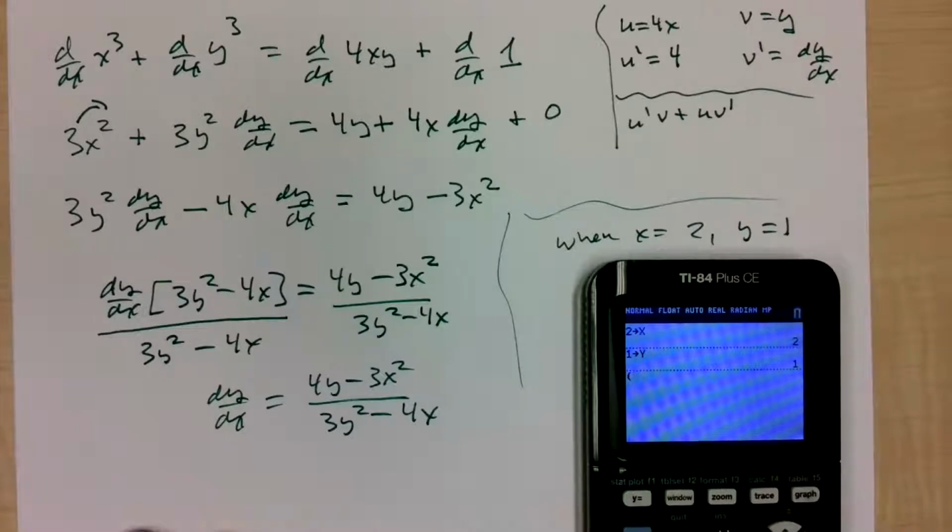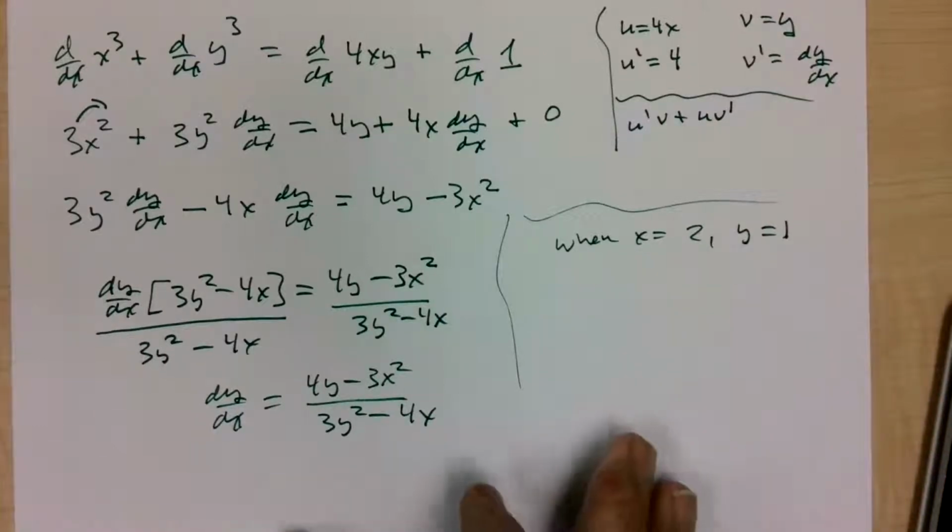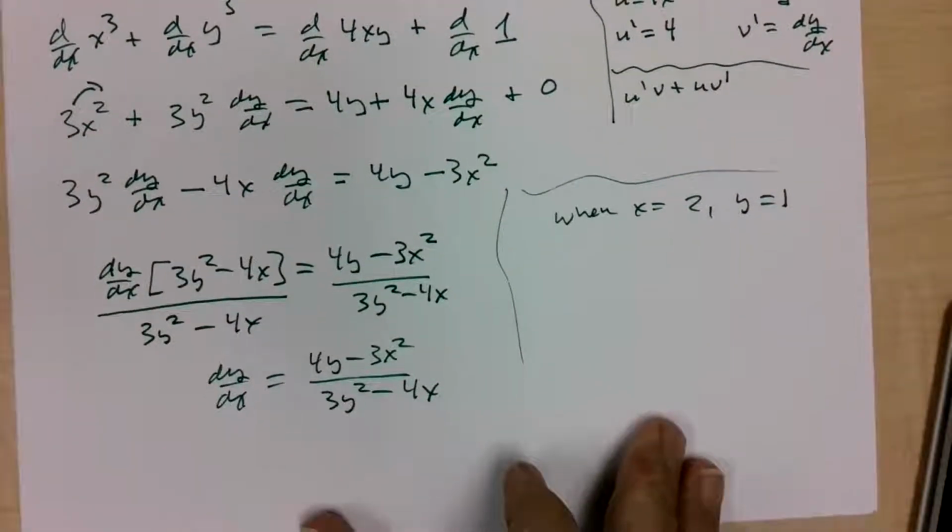And I will plug in 4y minus 3x squared divided by 3y squared minus 4x. And the result I get is 8/5. So my answer to that is the slope dy dx at the point (2, 1) is 8/5.